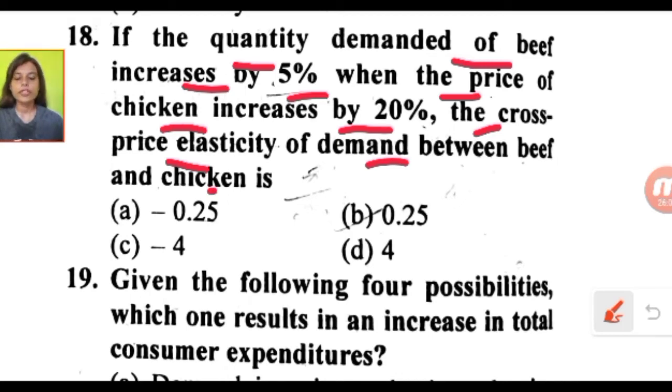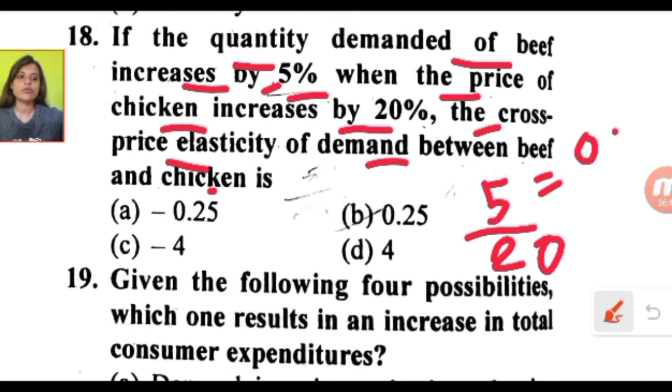The formula for cross price elasticity is percentage change in QX, the quantity demanded of beef, which is 5%, divided by the percentage change in PY, the price of chicken, which increases by 20%. So 5% divided by 20% comes to 0.25. That's your answer, number B.